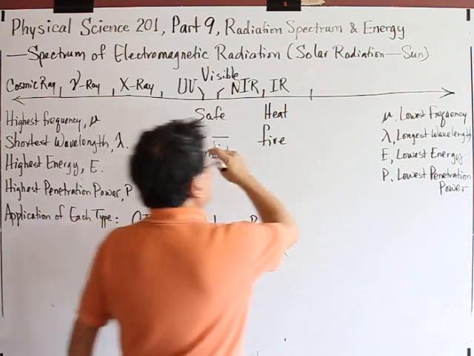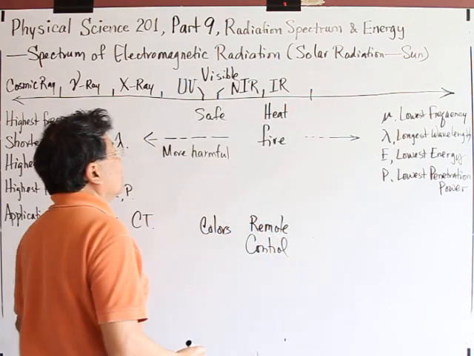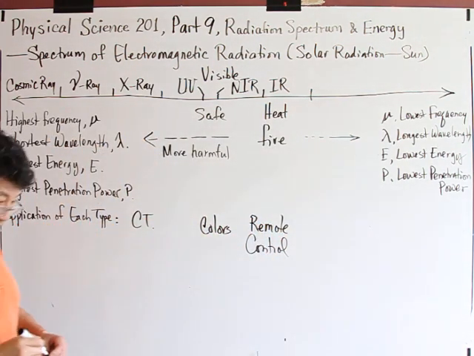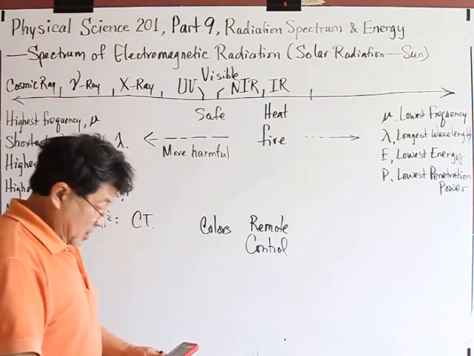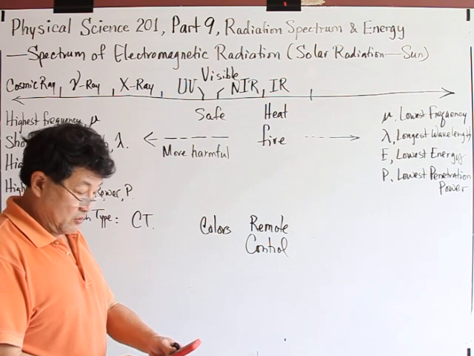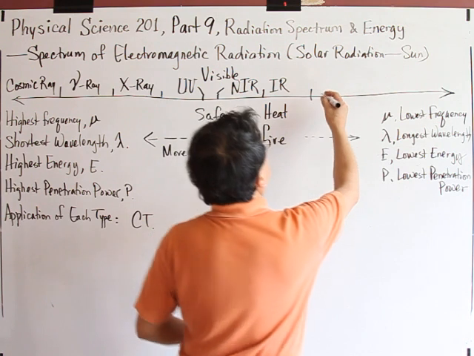And again, this way is a little safer, but not really. So let's talk about the next one after infrared. We already said this radiation can also hurt if you step into the burning zone with the infrared generated. And then the next one is microwave.